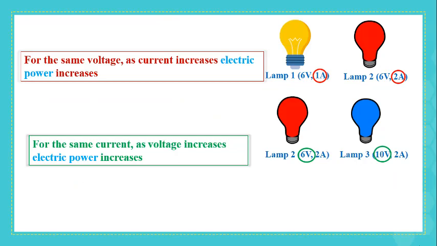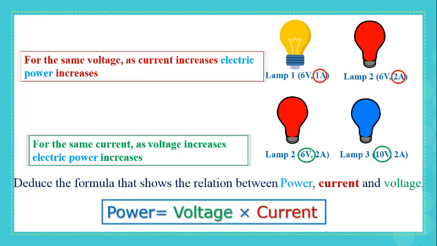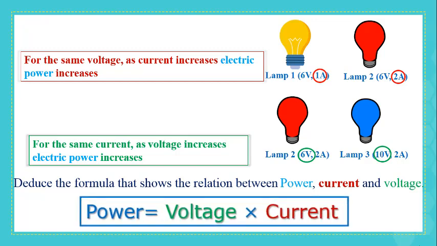By referring to these two relationships, deduce the formula that relates power, current, and voltage. Voltage and power are directly proportional. Also, current and power are directly proportional. So, to calculate power, we have to multiply voltage by current.